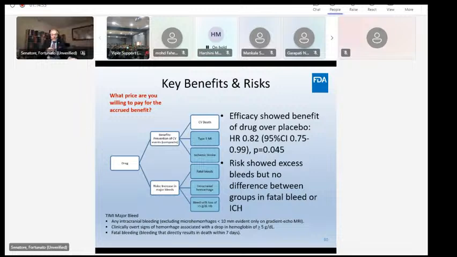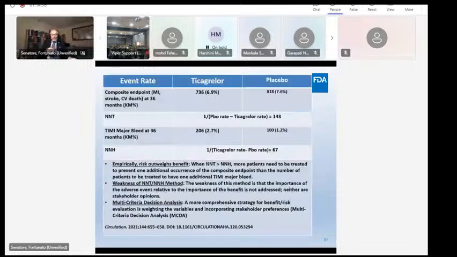Now, this is a little bit of a calculation. How many patients do you need to treat in order to get one benefit? And one benefit is defined as one of those components of the composite endpoint. In the ticagrelor arm, the event rate for the primary efficacy endpoint was 6.9%, and in the placebo arm, it was 7.6%.